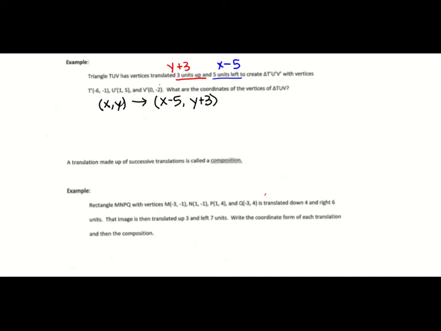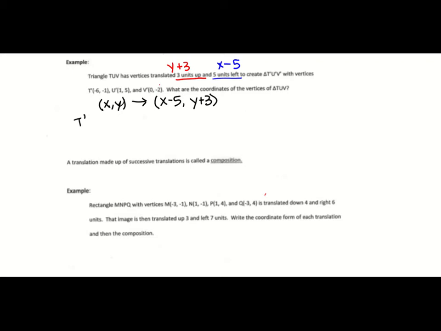Then all I have to do is take my points. Now if I look at them, they give me t prime is negative 6, negative 1. That means they're already giving me my image. So if I already have my image, I'm going backwards. I'm trying to find my pre-image. So the way I'm going to do that is if I start with t prime, my x is negative 6.